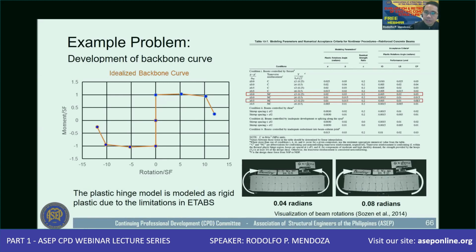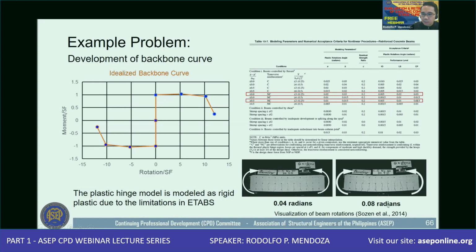Now, sometimes when we are adopting the acceptance criteria for rotation, it is quite difficult to imagine the rotation values given in ASCE 41. So as a guide, I provided these illustrations of rotations that were conducted in an experimental test. You will see here that if you have a rotation of around 0.04 radian, these are the types of cracking that you can already see in a reinforced concrete.